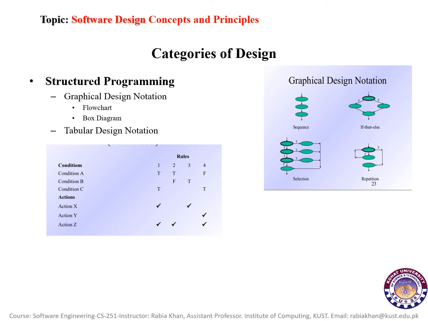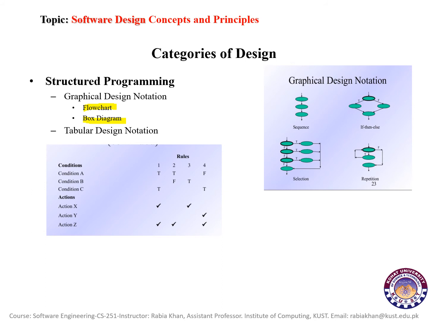However, if the graphical tools are misused, the wrong picture may lead to the wrong software. So there are two types of graphical design notations that are commonly used. One is the flowchart and the other one is the box diagram.